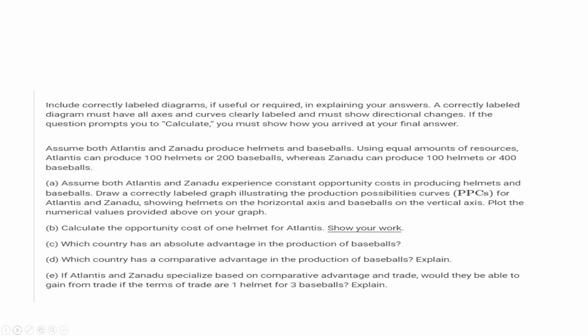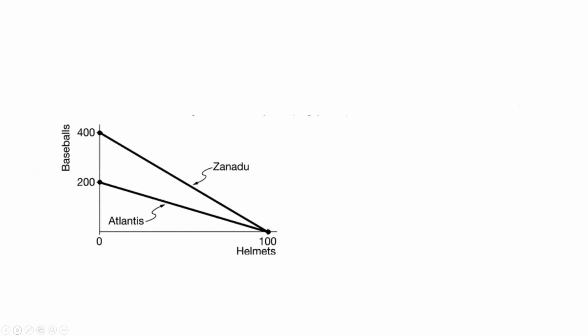If it was increasing or they didn't say anything, then it's going to be bowed out. All right, so you got helmets for Atlantis, you've got for Xanadu. That gets you a point.